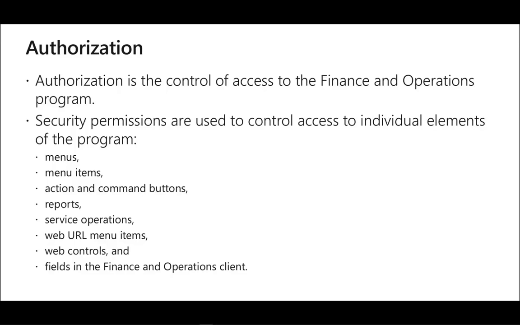The Dynamics 365 for Finance and Operations authorization subsystem detects the access at runtime when that entry point is accessed and applies the specified level of access to the securable object that the entry point leads to. This functionality helps to ensure that we do not assign more permissions to a user than we need to.